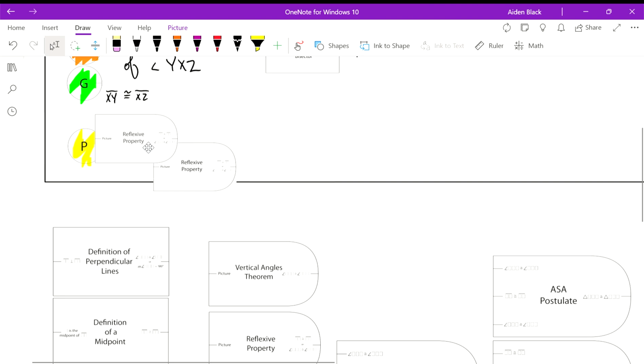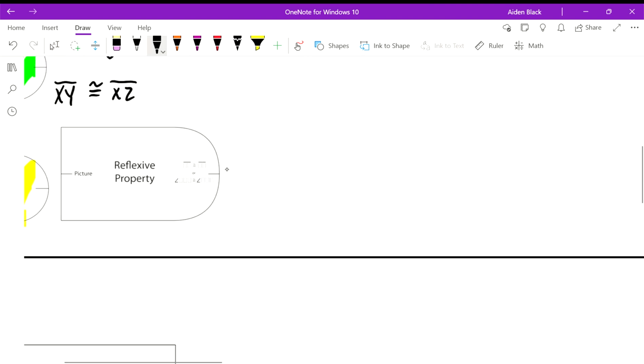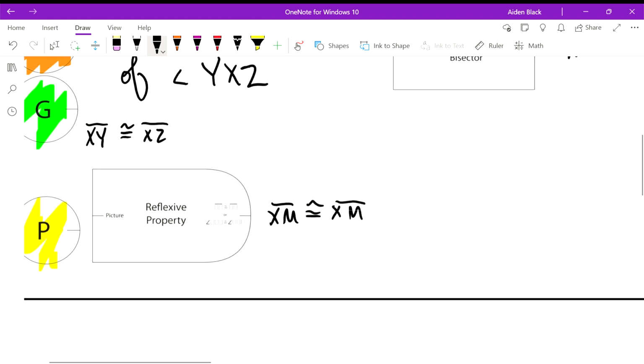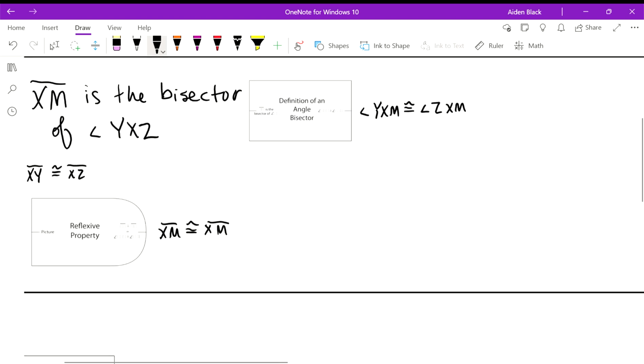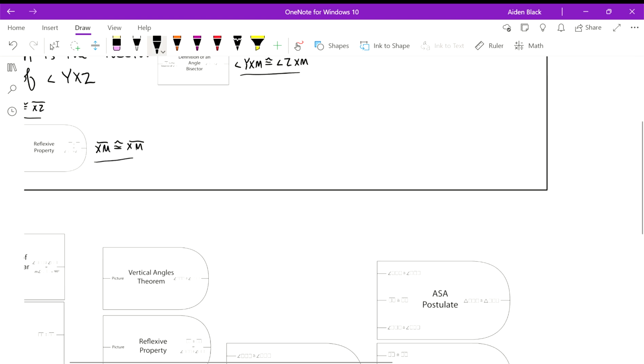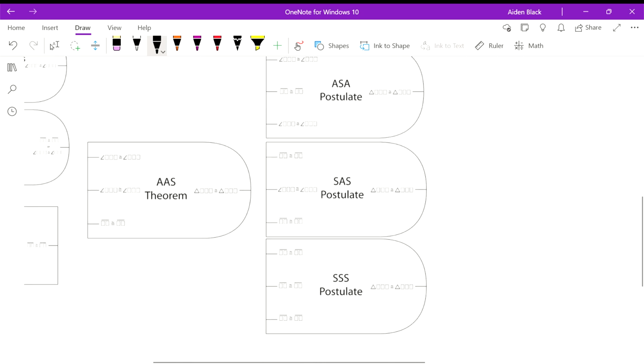We know by reflexive property that XM is congruent to XM. Awesome, we have 3 inputs for an ending card. Angles congruent, sides congruent, and sides congruent. So, which of these is going to work?